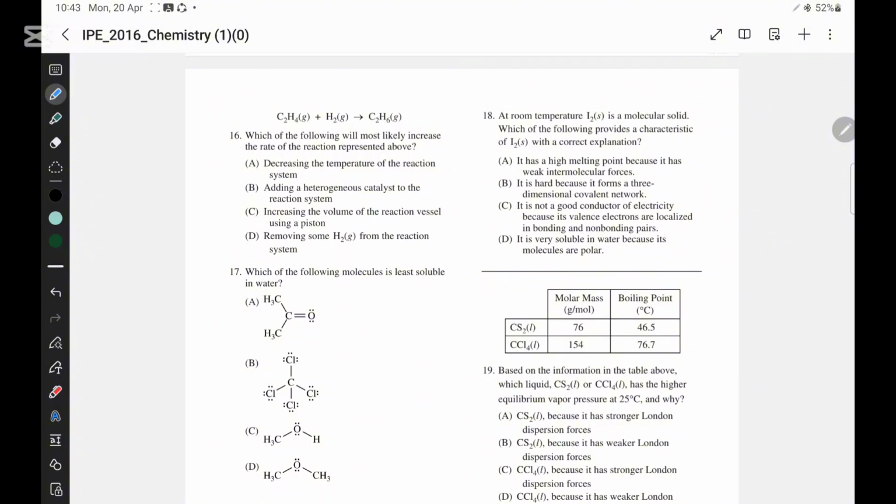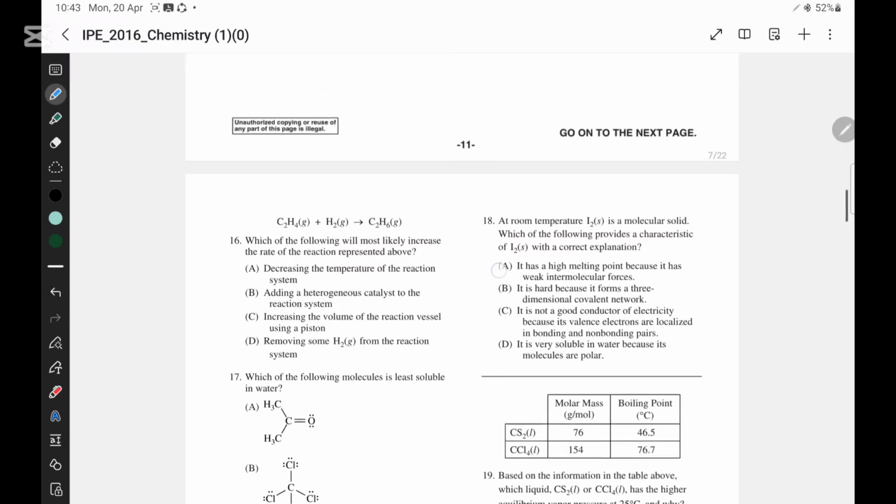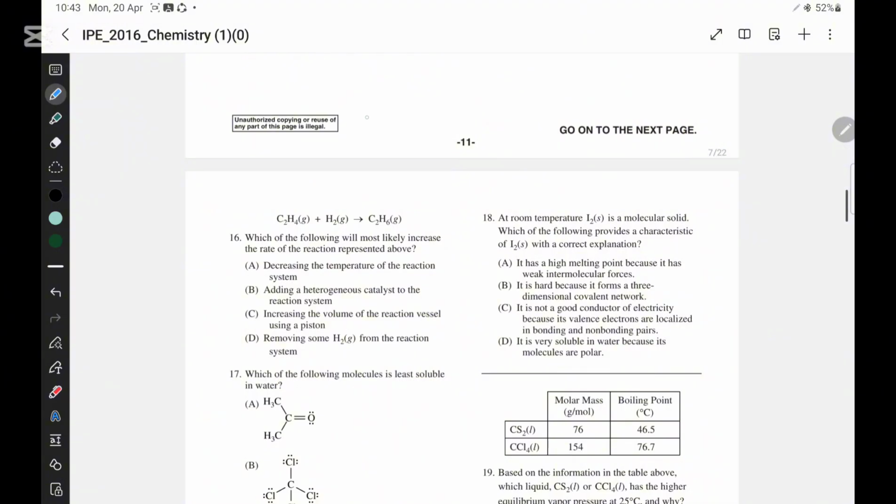For the next question, they are asking which of the following will most likely increase the rate of reaction represented above. First of all, the rate of reaction is dependent on certain factors, like increasing pressure for gases, or increasing temperature.